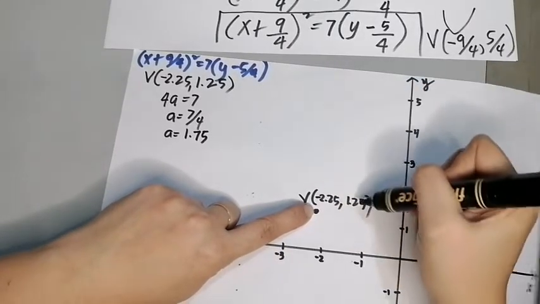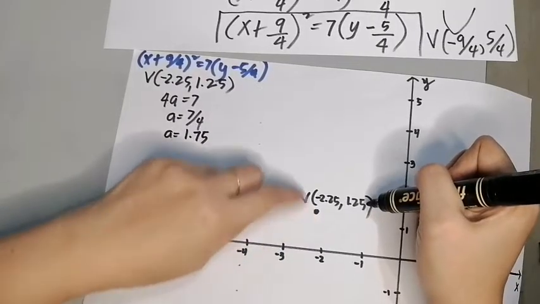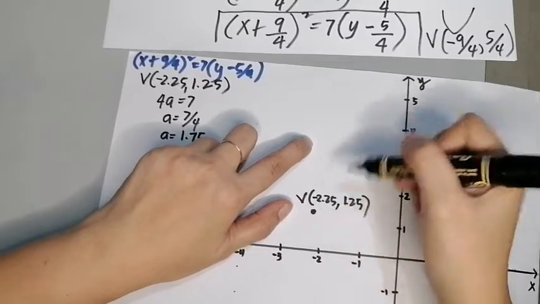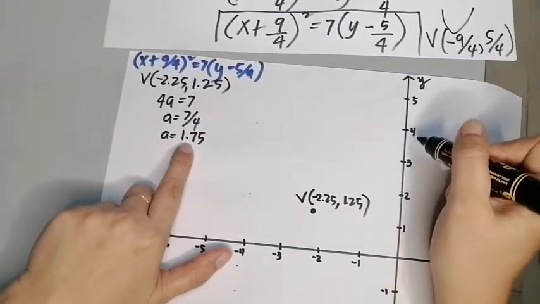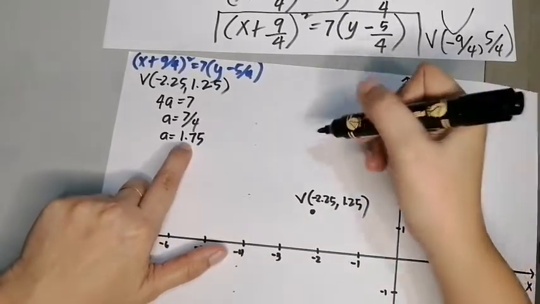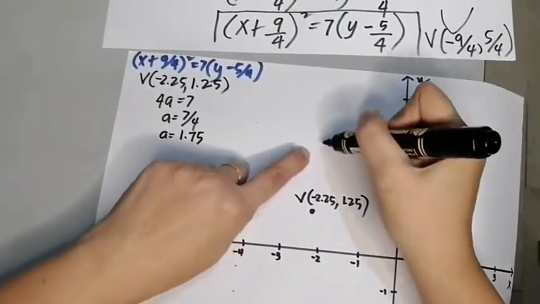So we are going to add 1.75 to 1.25 because that's the height, right? The x is still the same, negative 2.25. So 1.25 plus 1.75, that's 3 units. So meaning to say, our focus is located at this point.